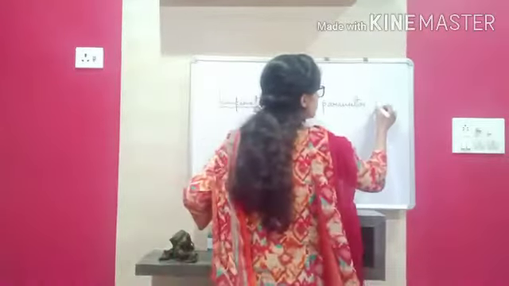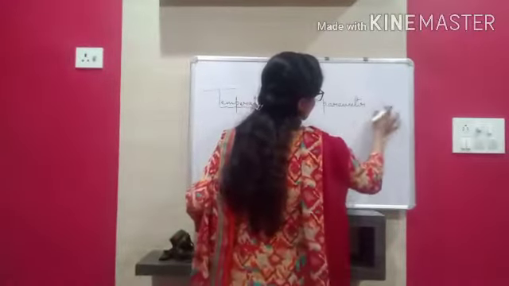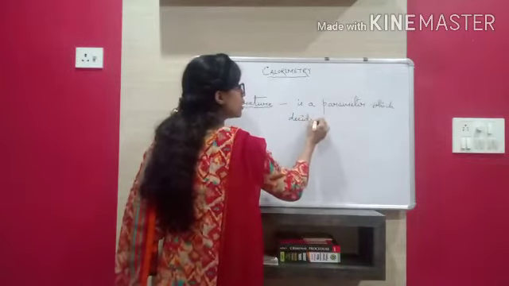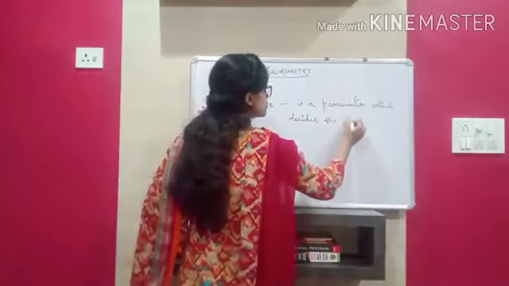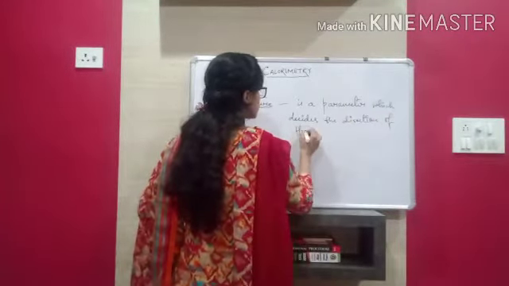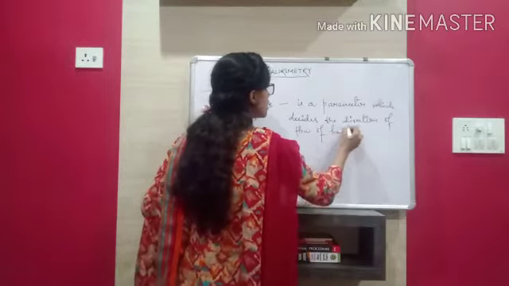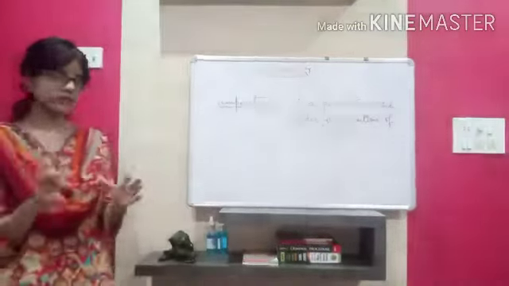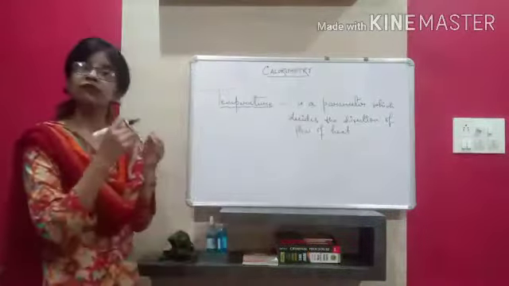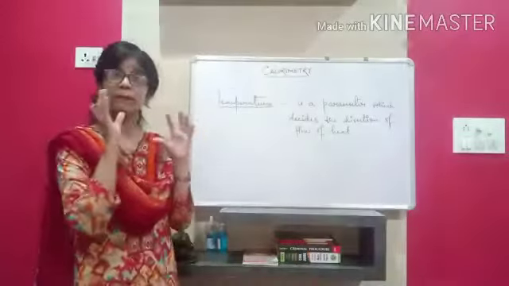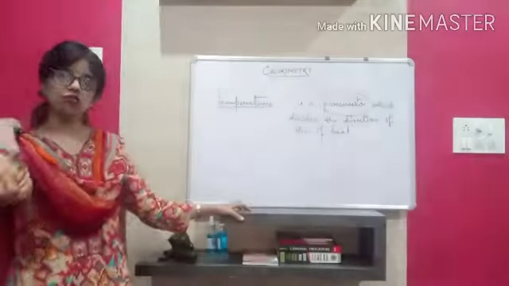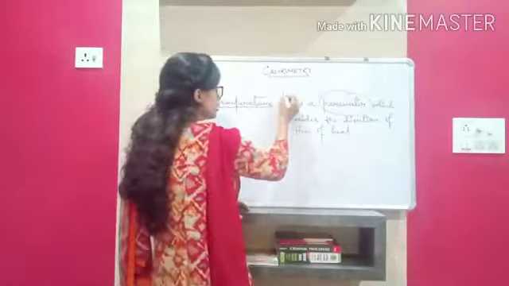Now you can write: it is a parameter which decides the direction of flow of heat, isn't it? I am hoping that you all are able to relate. If you have two bodies, just see the temperature, which one will be at high temperature, that means heat will flow from high temperature to low temperature. That means it is a parameter which will tell you the direction of flow of heat. This is the first definition.